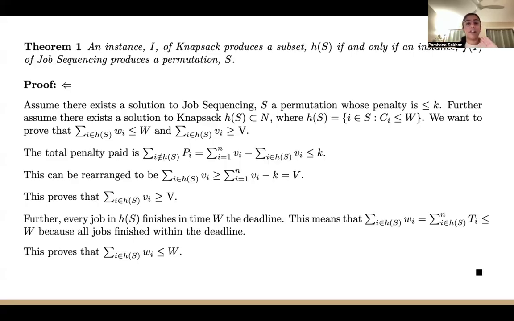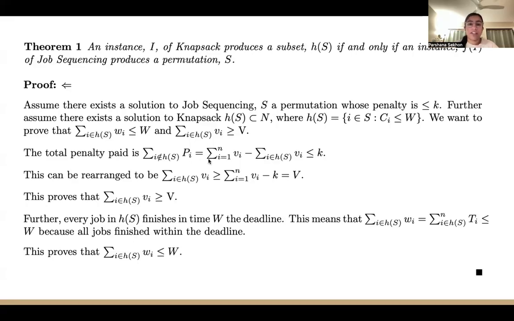So we want to take all the jobs that didn't complete on time, which would be the ones not in our solution for knapsack. Similar to before, we take all the values, V, and subtract all the values that did complete on time, which will be less than or equal to K.